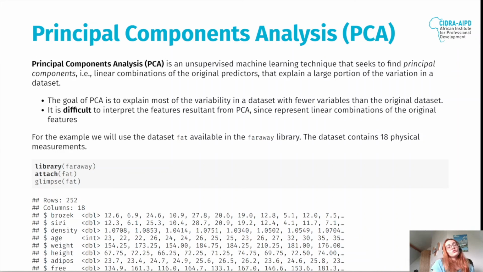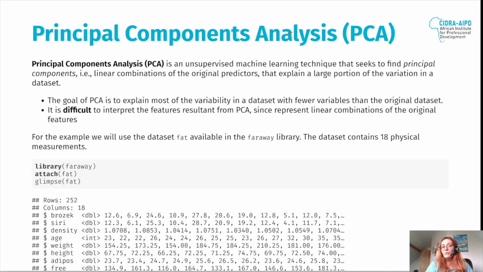So to do the example, we're going to work with the dataset fat available in the faraway library. You need to download that library to have access to the data. This dataset contains 18 physical measurements. You can see here I'm attaching the fat dataset, and we can see the glimpse. We have 18 columns, which is not that many, but this is just an example.